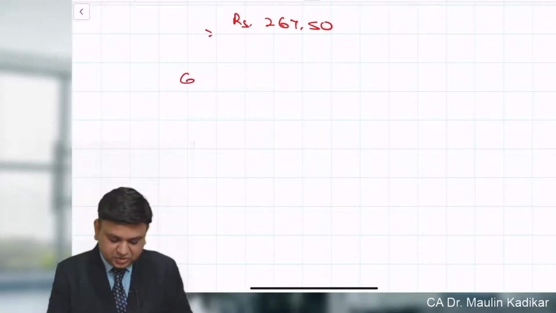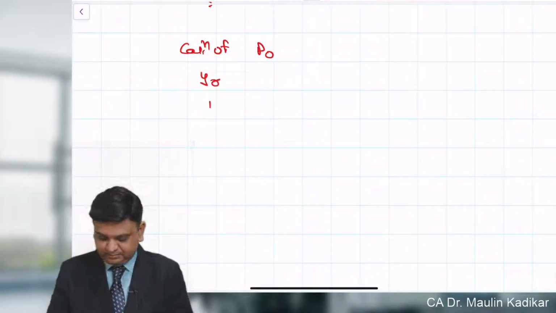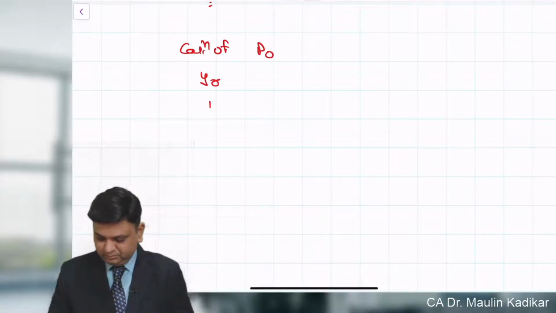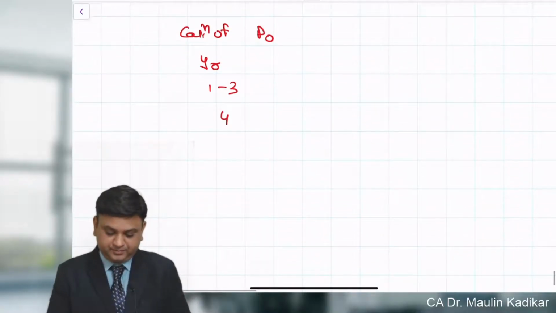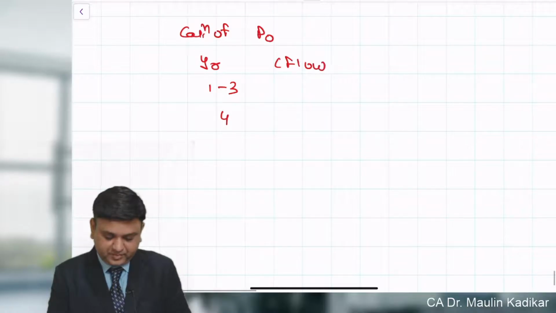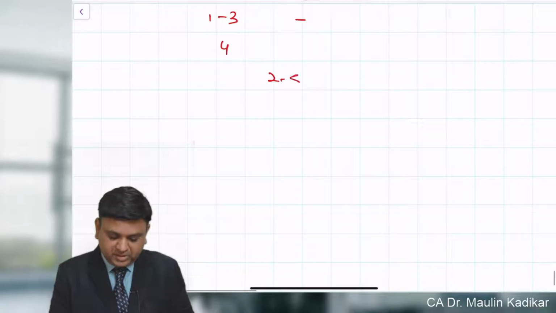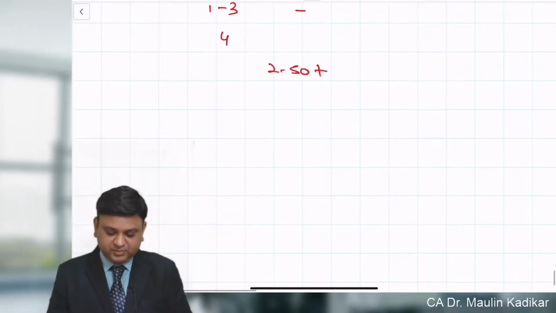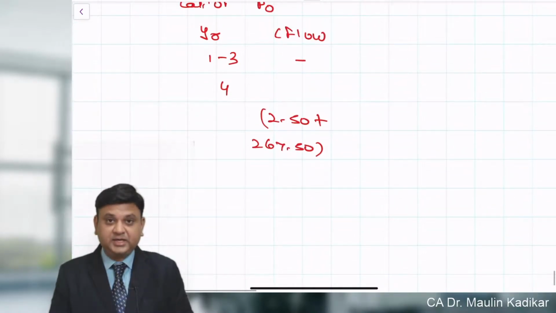Next will be calculation of P0. Year 1 to year 3 and year 4. Cash flow for the first 3 years will be 0. 4th year dividend 2 rupee 50 paise plus 267.5 comes to 270.